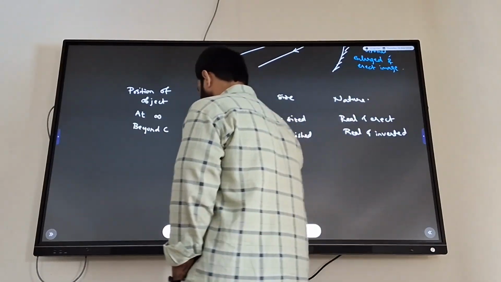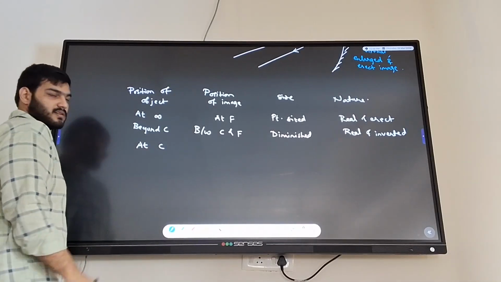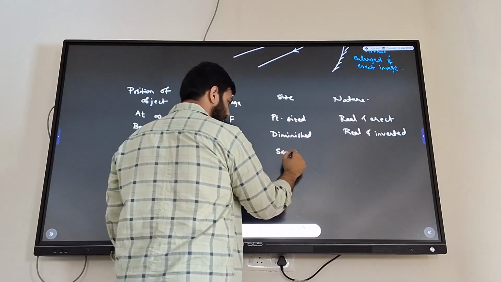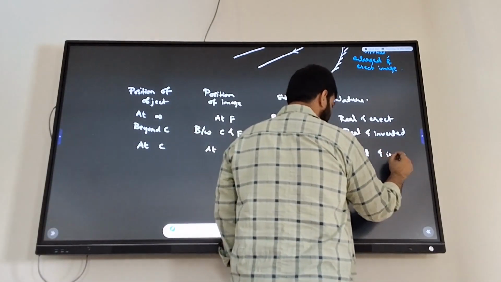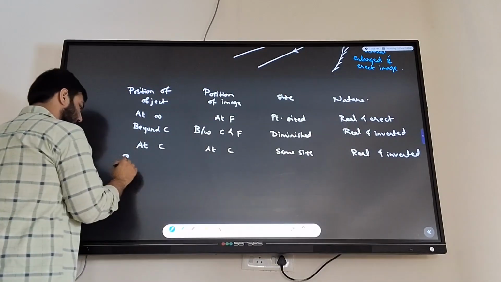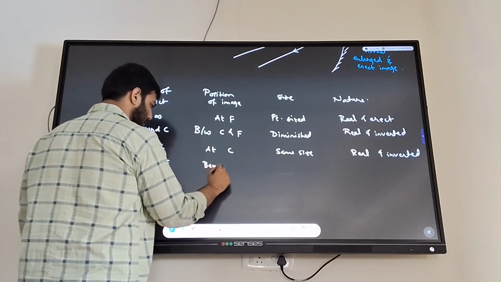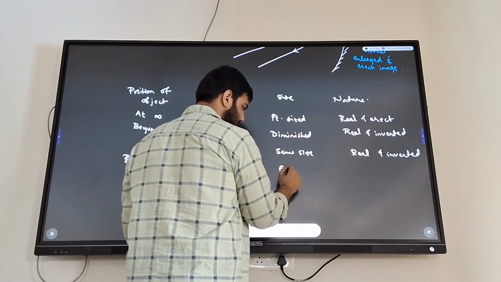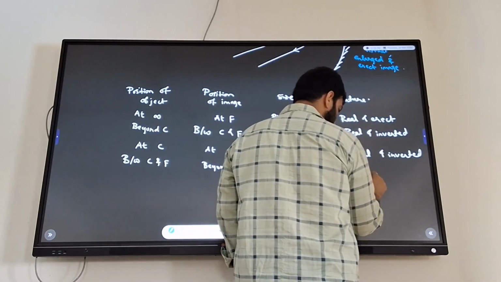Okay. What about at C? At C, same size. Real and inverted. What about between C and F? Beyond C. Size? Enlarged. And this? Real and inverted.